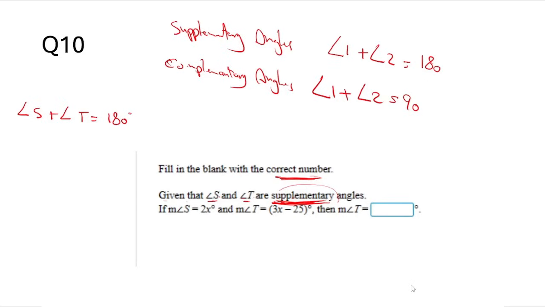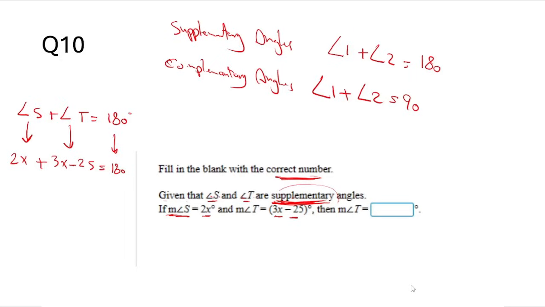So let's substitute with S and T here. Angle S is 2x plus angle T, which is 3x minus 25, equal to 180, right?